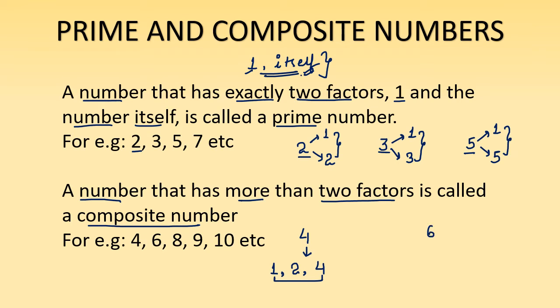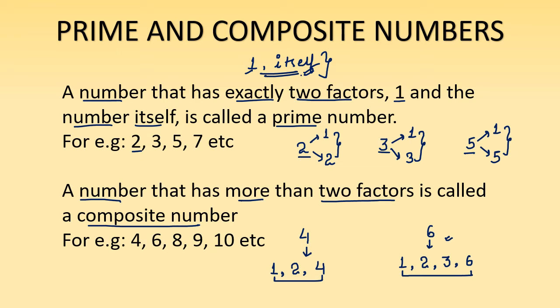Similarly 6 comes in the table of 1, in the table of 2, in the table of 3 and in the table of 6. Therefore, there are 4 factors of 6. So, 6 is also a composite number. In this way, we can find many composite numbers which have more than 2 factors.